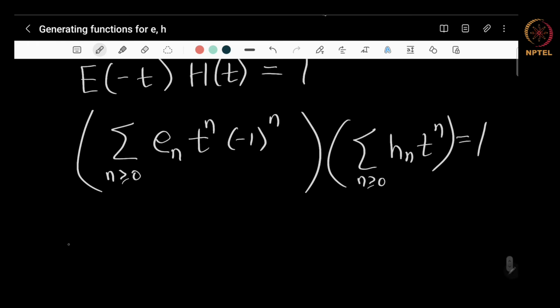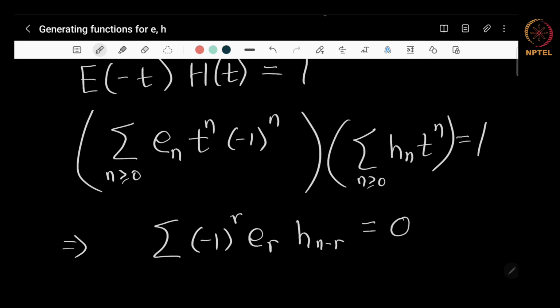What this implies is equations of the following kind: the sum of (-1)^r e_r h_{n-r} is 0, for r going from 0 to n, and this is true for every n at least 1. For n equal to 0, that's a constant term, which is a 1, but as long as n is bigger than or equal to 1, this equation holds. And that's just by multiplying this out.